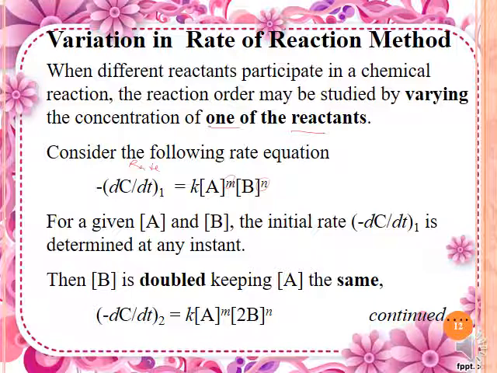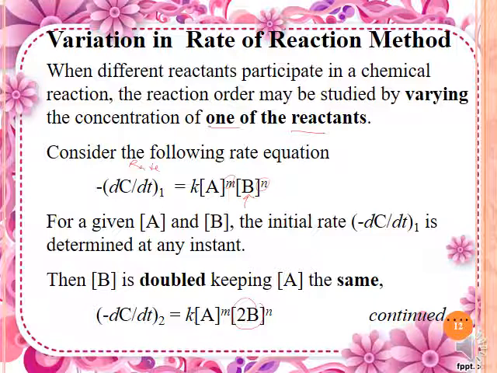So for given A and B reactants, the initial rate is determined at any instant. When B is doubled, we keep A constant. So this is how we write the rate. Now we double B, so it's 2B, and A is kept constant.